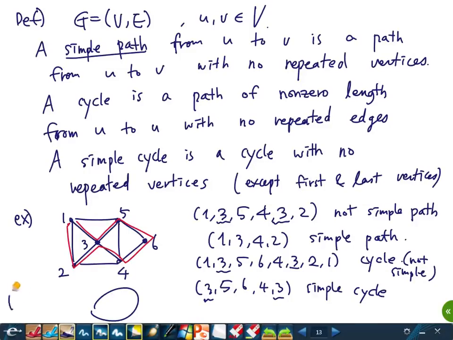But for cycles, we may have something like this, because we can visit one vertex more than once in a cycle, but not simple. But this one, for instance, is not a cycle because we use one edge more than once. Okay, the definition is like that.